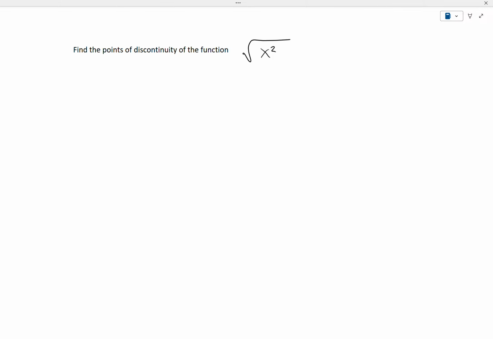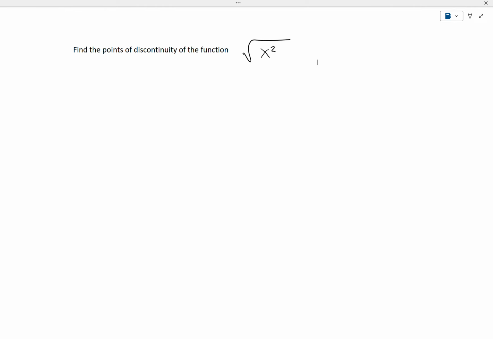So when is a function discontinuous? Well, we know it's continuous if the function gives us a value for every x, if the limit exists at every x, and if the function value is equal to the limit value for every x. Well, the easiest condition that we can check first is going to be making sure that the function is defined for every x.